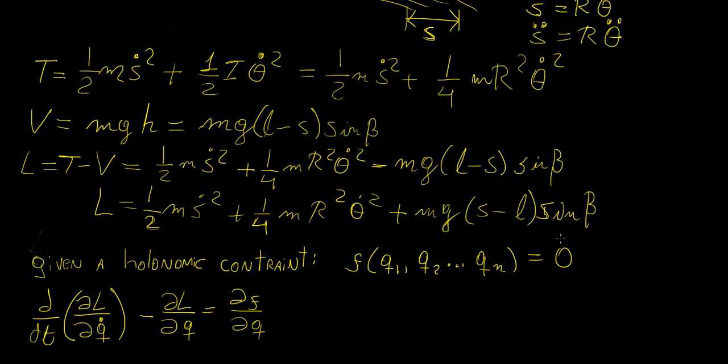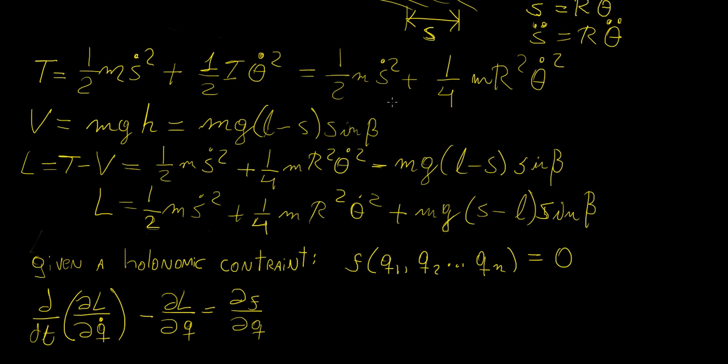When we are given this kind of condition, our Euler-Lagrange equation needs to be extended. We need to fix it by adding this term here. We're going to differentiate the holonomic constraint function with respect to whatever variable we're dealing with, and we're going to do this for every single variable that we have.